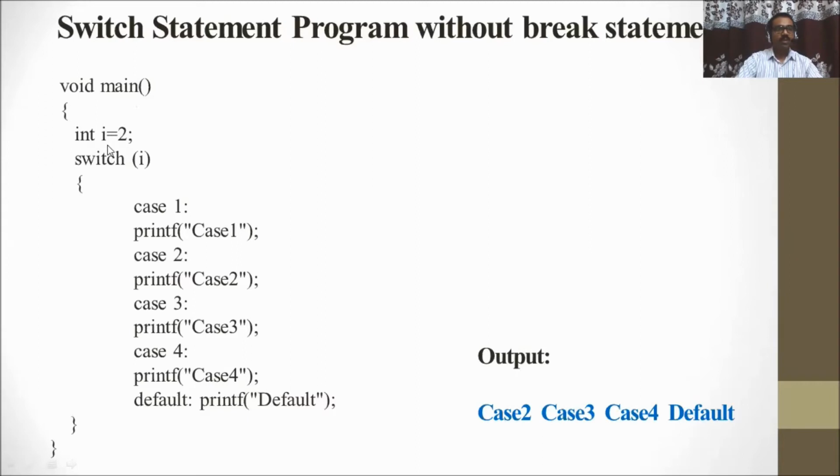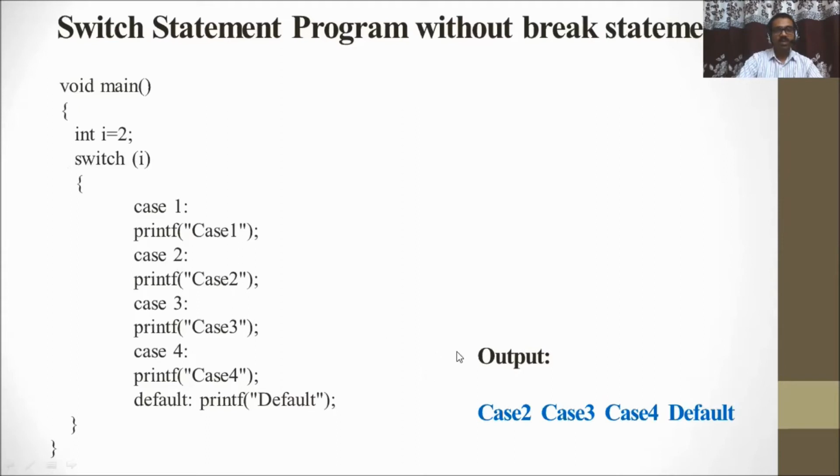Then switch(i). Since i already contains the value 2, the control will switch directly to case 2, and in case 2 the printf for case 2 will execute.